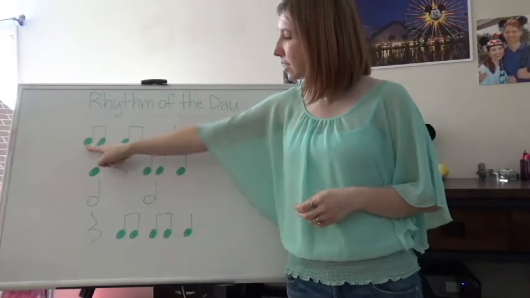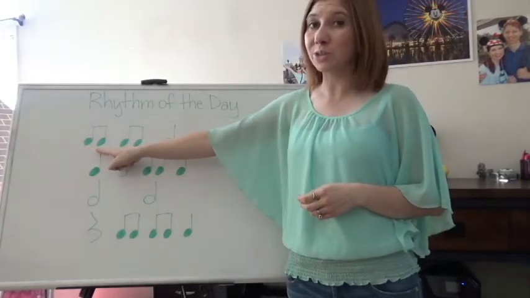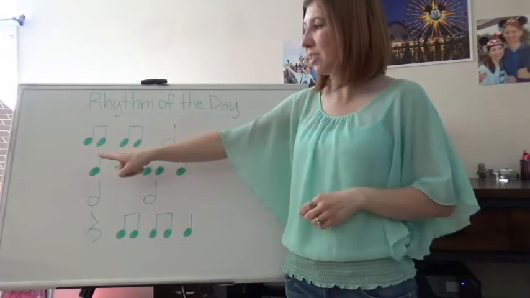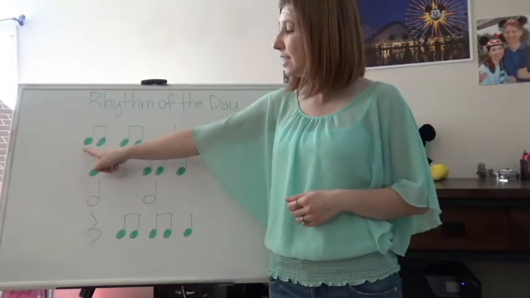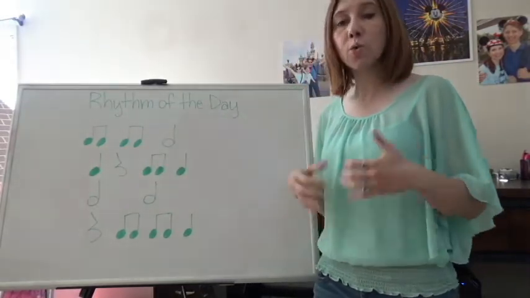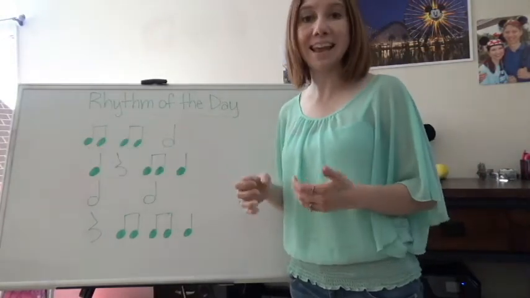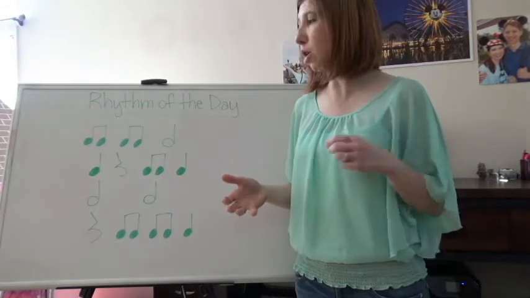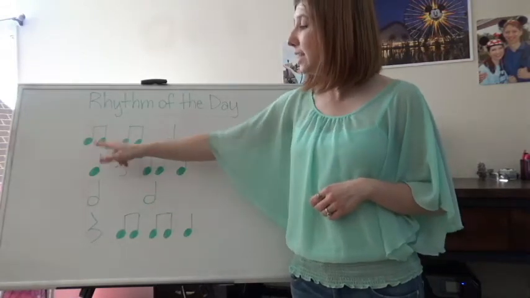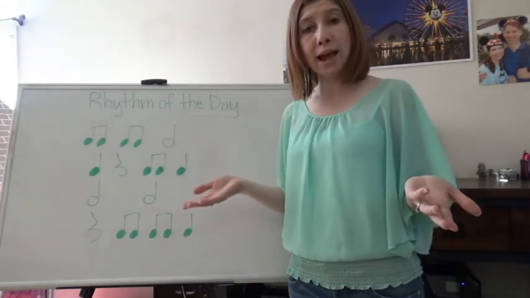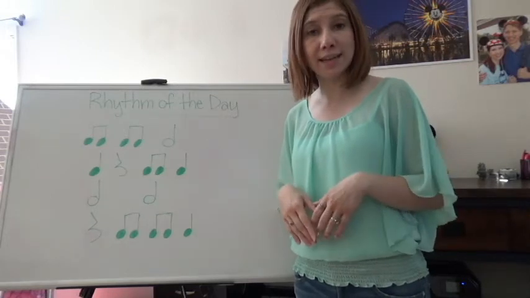How about this guy? Hopefully you're saying it's a TT, Mrs. Ethier. Yes, you would be right. This is a TT. A TT is twice as fast as a ta. And of course, a TT's real name is eighth notes, okay? So for a TT, if I were to have 4 of them in a row, it would sound like this.